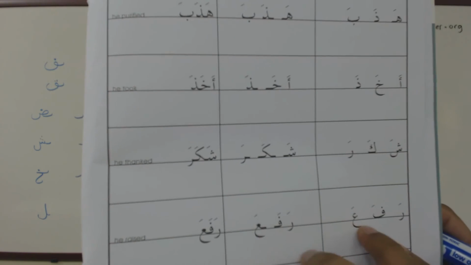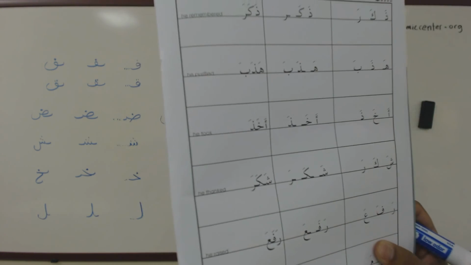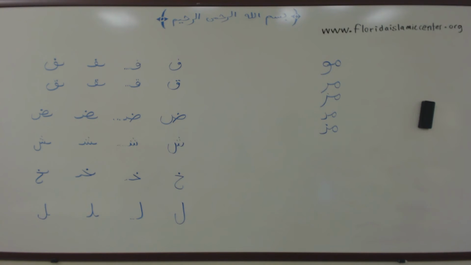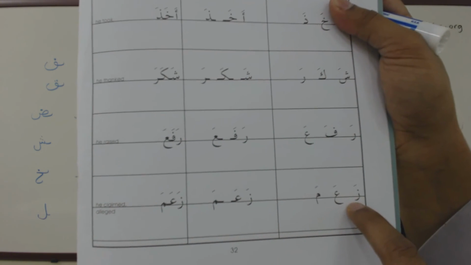Next. Rafa'a. Any round letters there? The ra is a round letter. The fa and ayn are regular. Next.